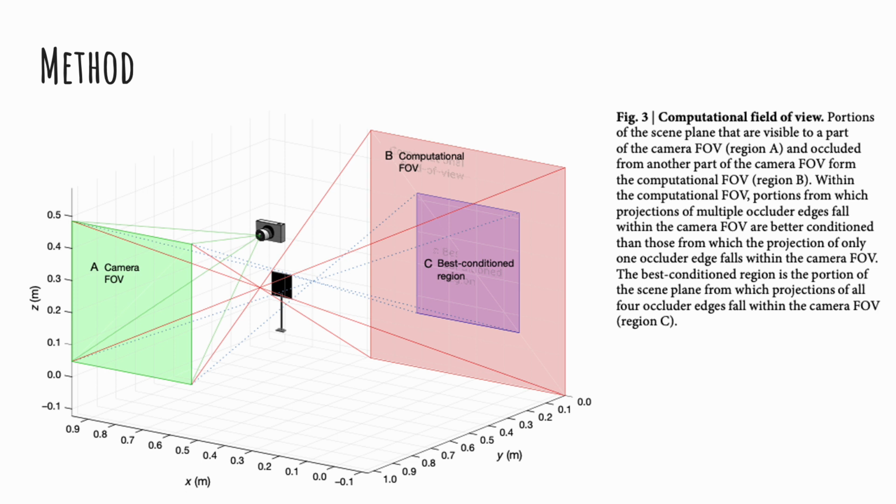Within this computational field of view, we also have something called the best conditioned region, where all four edges of the occluder fall within the camera's field of view, so region C here.